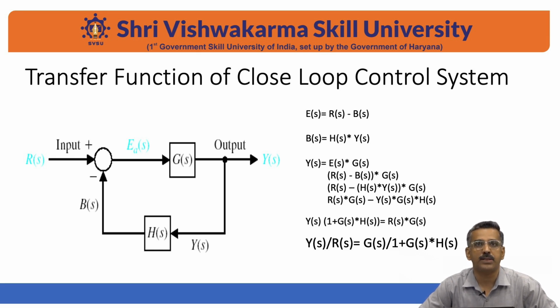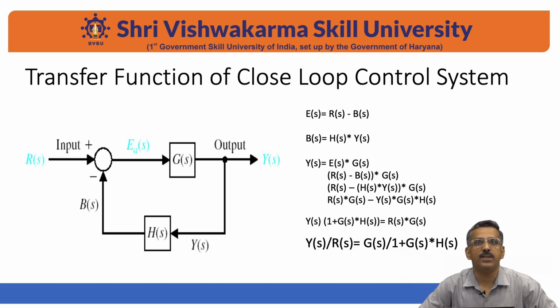Now, our objective is to find out the overall transfer function of this system. So, overall transfer function of this system will be Y(s) divided by R(s), which will be equal to G(s) divided by 1 plus G(s) into H(s). Now, the overall transfer function of this closed loop control system will be equal to G(s) divided by 1 plus G(s) into H(s).